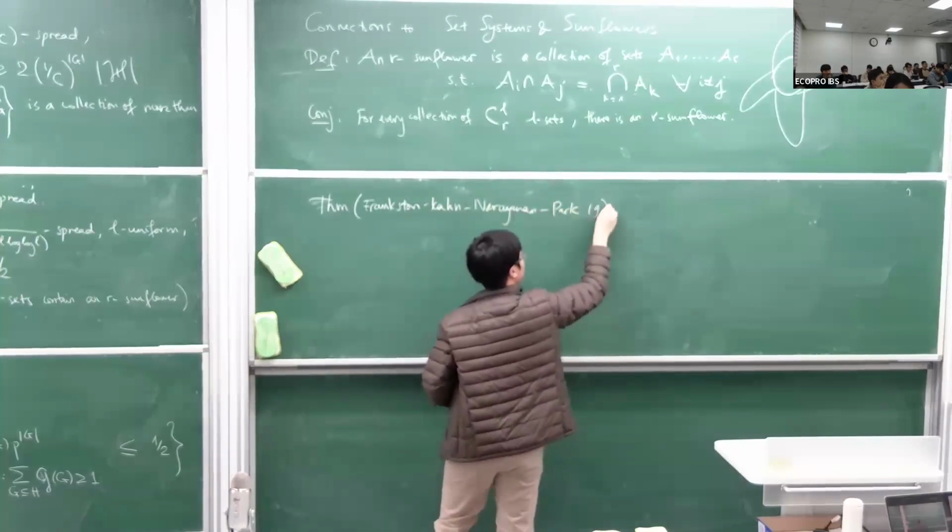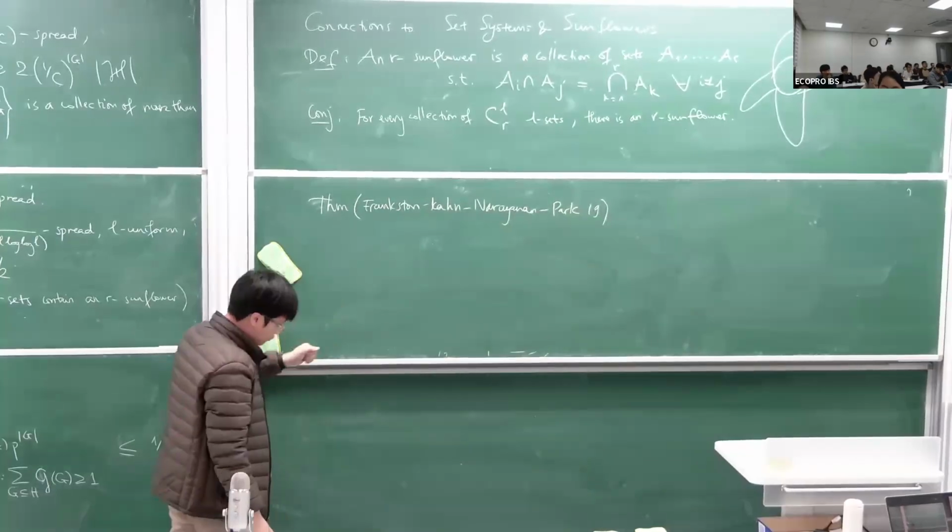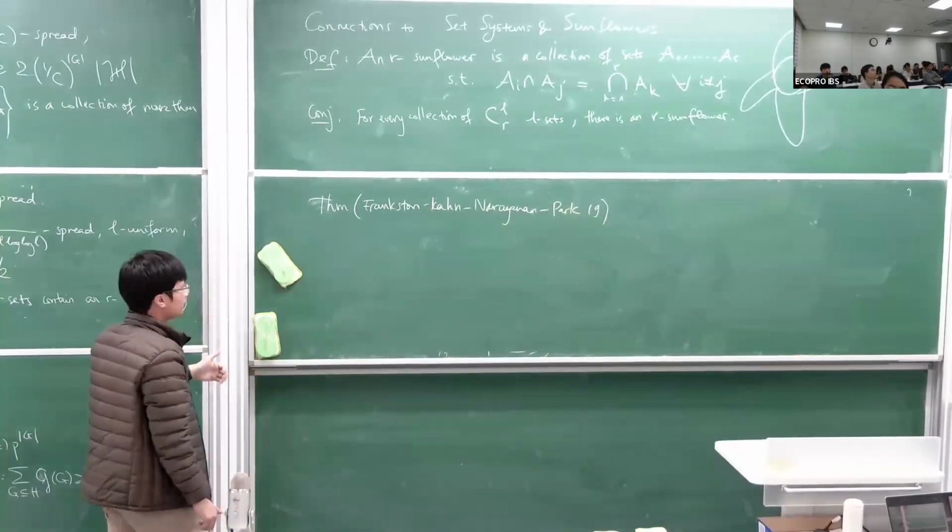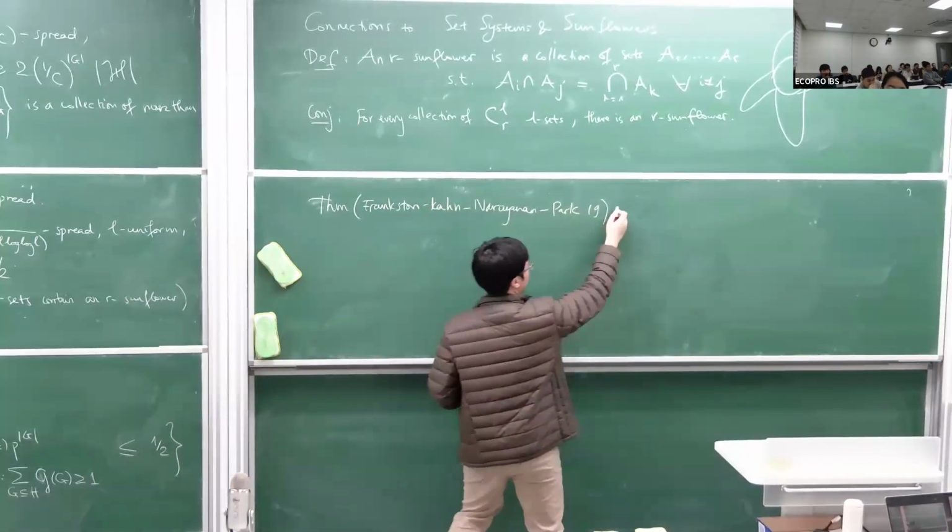Also in 2019. So in particular, this resolves a conjecture of Talagrand. This is a weakening of the Kahn-Kalai conjecture, the fractional Kahn-Kalai conjecture.